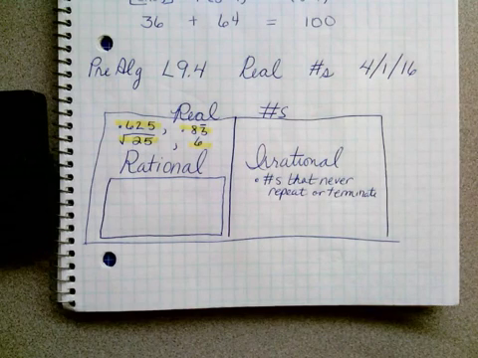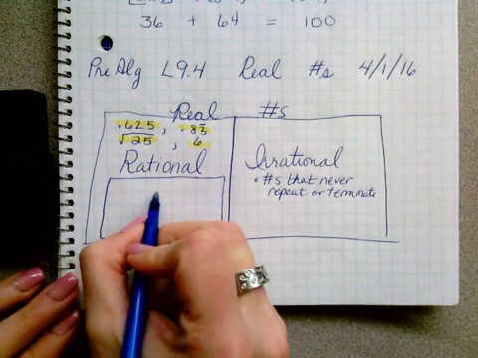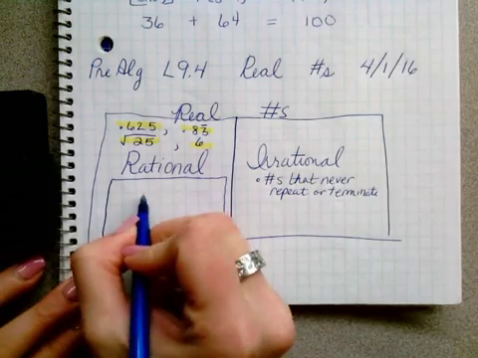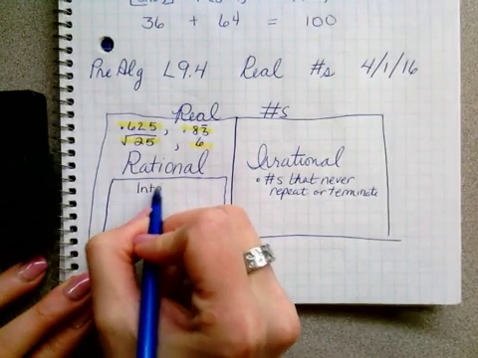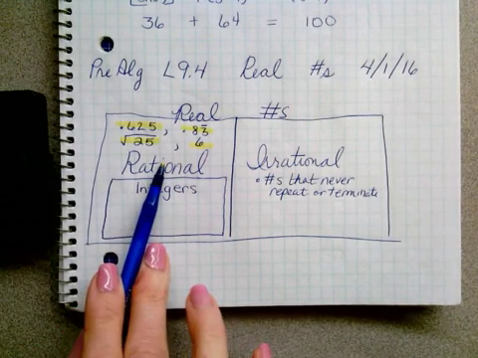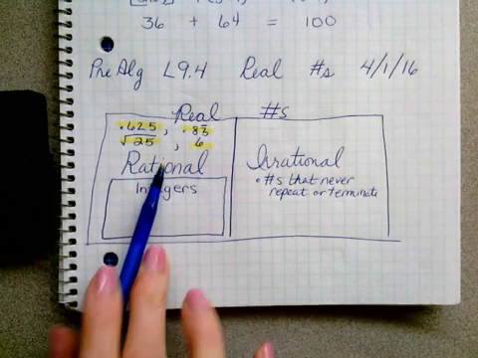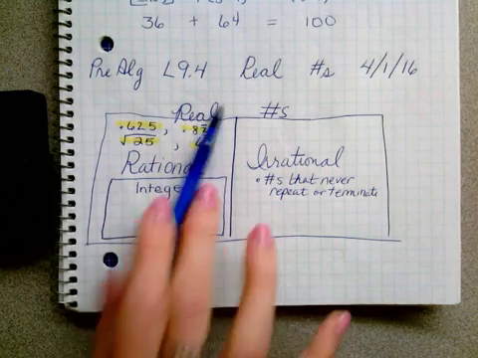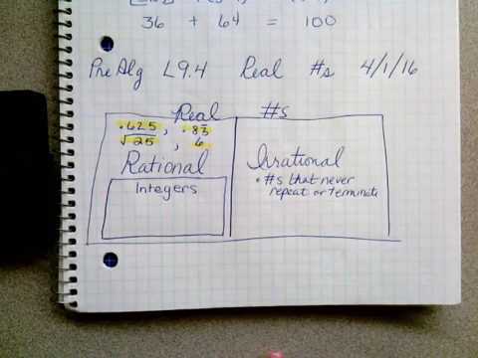Within rational, notice I'm going in now, we have the next level. These are integers. Okay? Integers are rational numbers, which are also defined as real numbers. Now, an example of what an integer might look like.